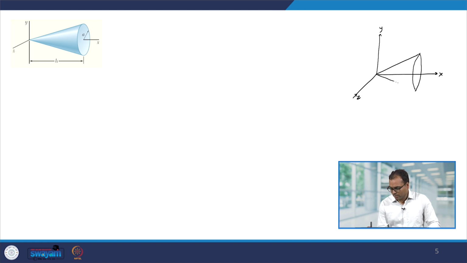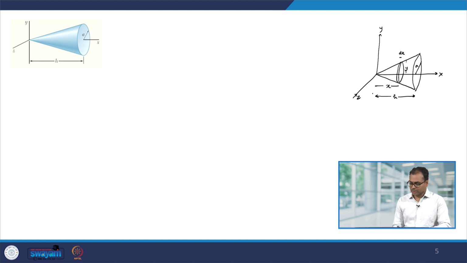We have this cone and then we took this disc of thickness dx, and its height was y, and the radius of this cone at the end was a and this was h. Okay. So, this is the situation that we have.